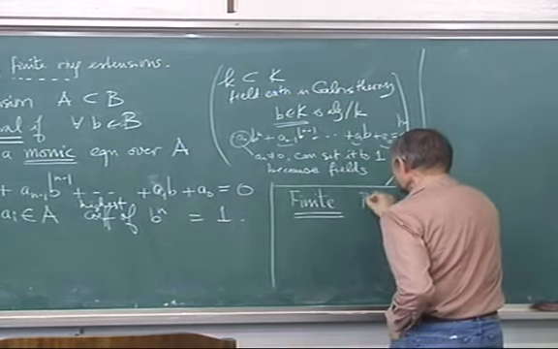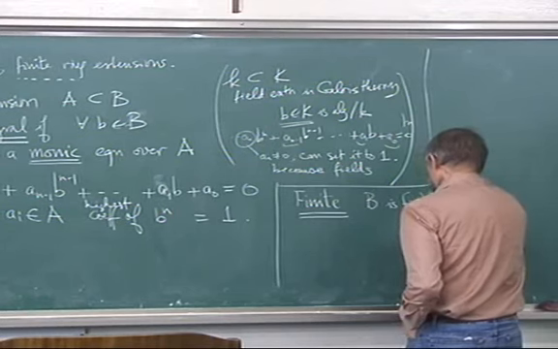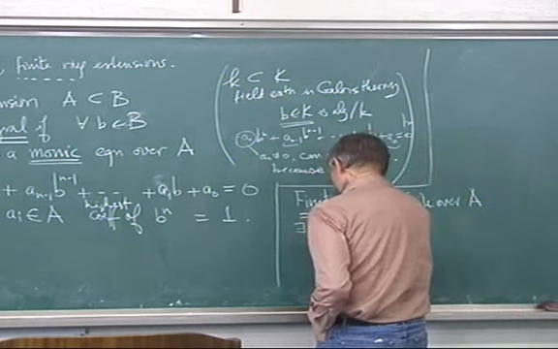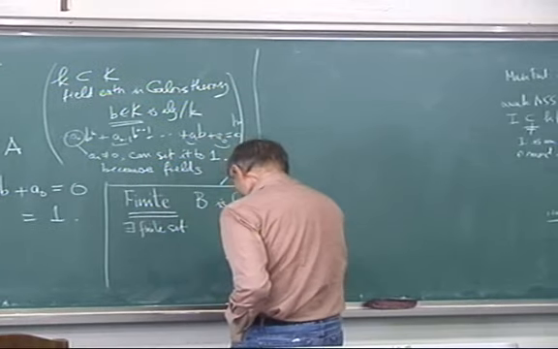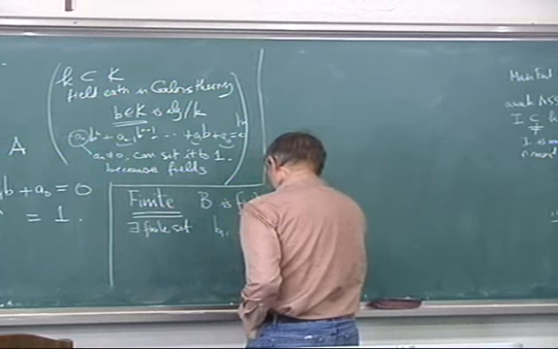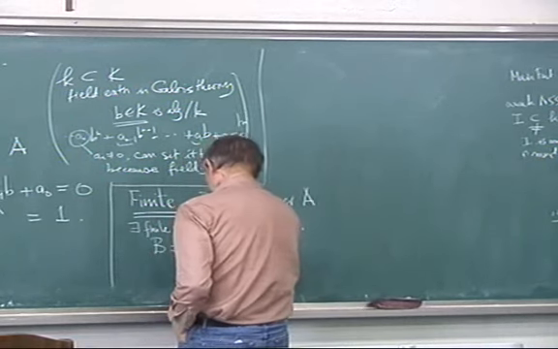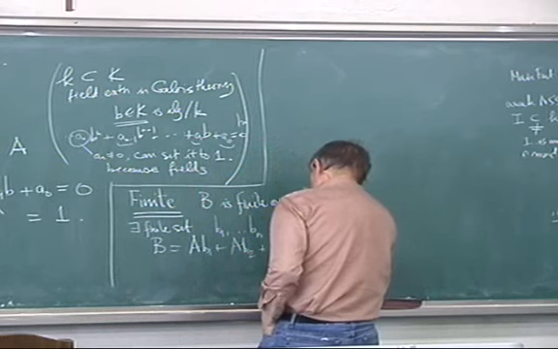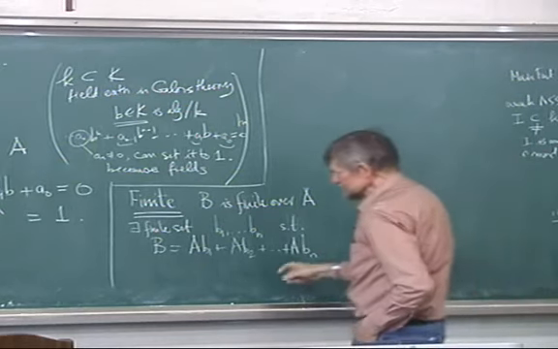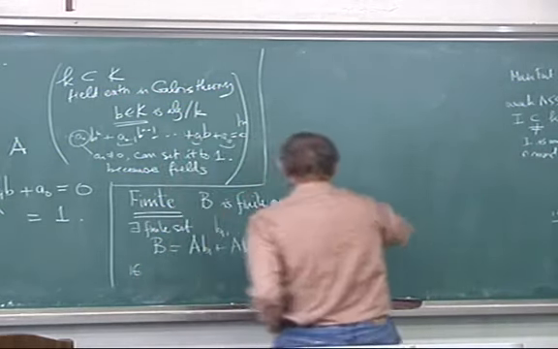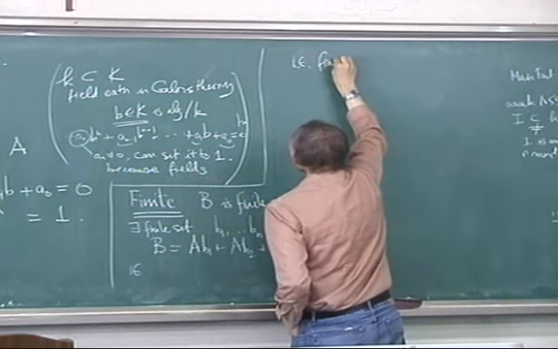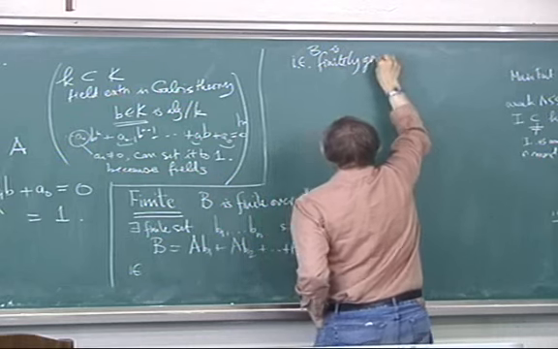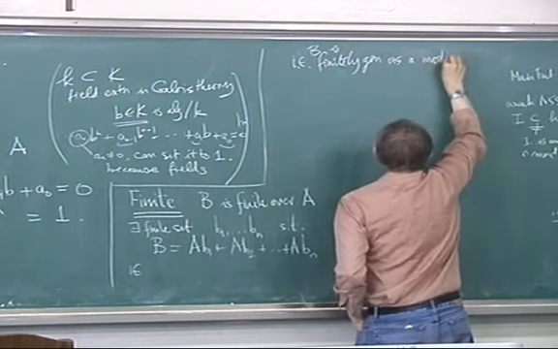B is finite over A means that there exists a finite set, say b_1 up to b_n, such that B is A times b_1 plus A times b_2 plus and so on up to A times b_n. That is, B is finitely generated as a module over A.